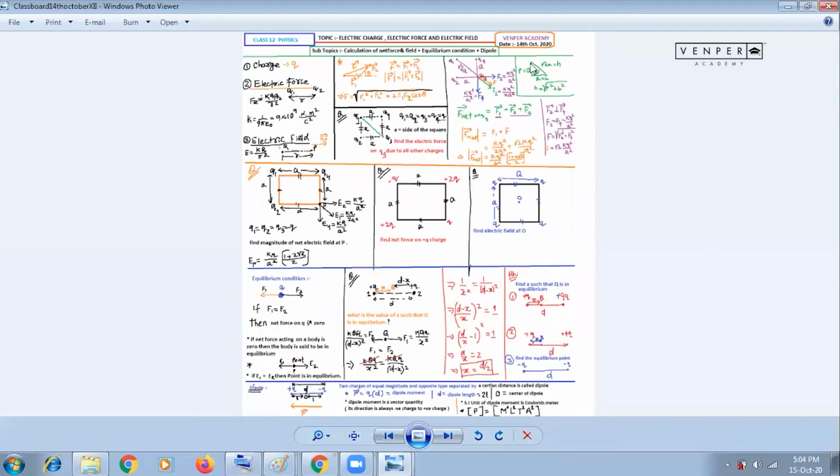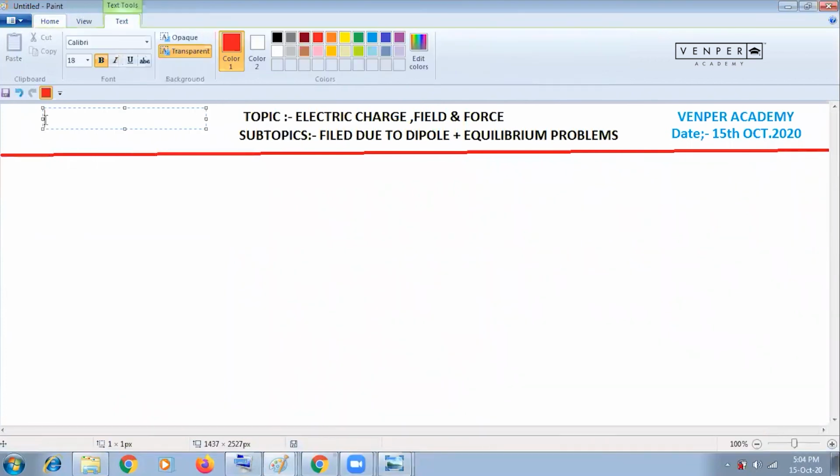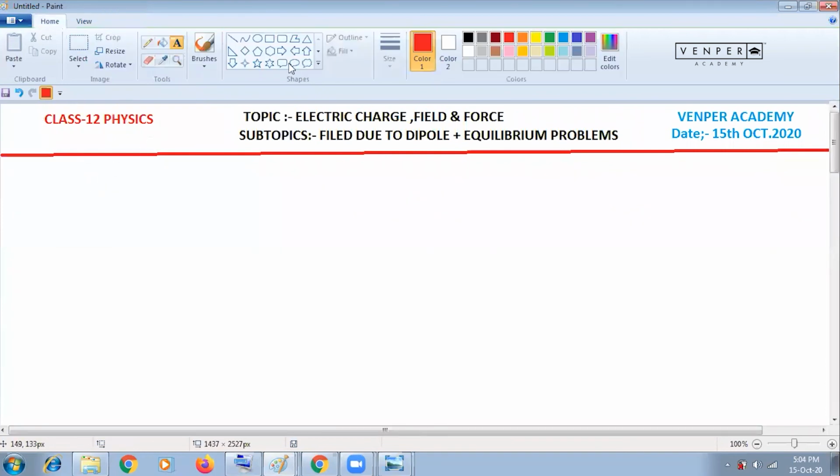Now, today what will we do? Today we'll start the same thing, but we will calculate the field. We'll calculate the field due to an electric charge or electric dipole.